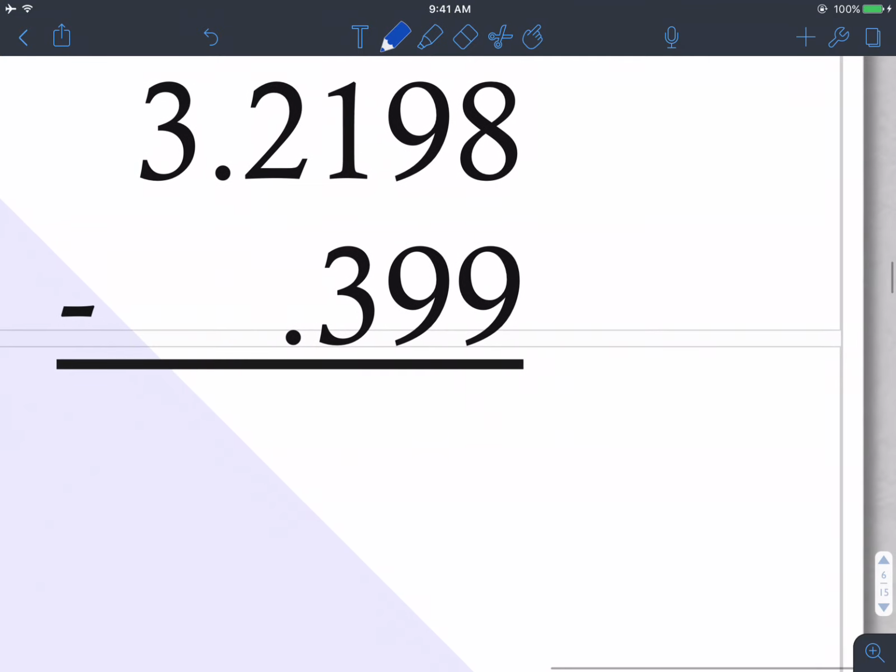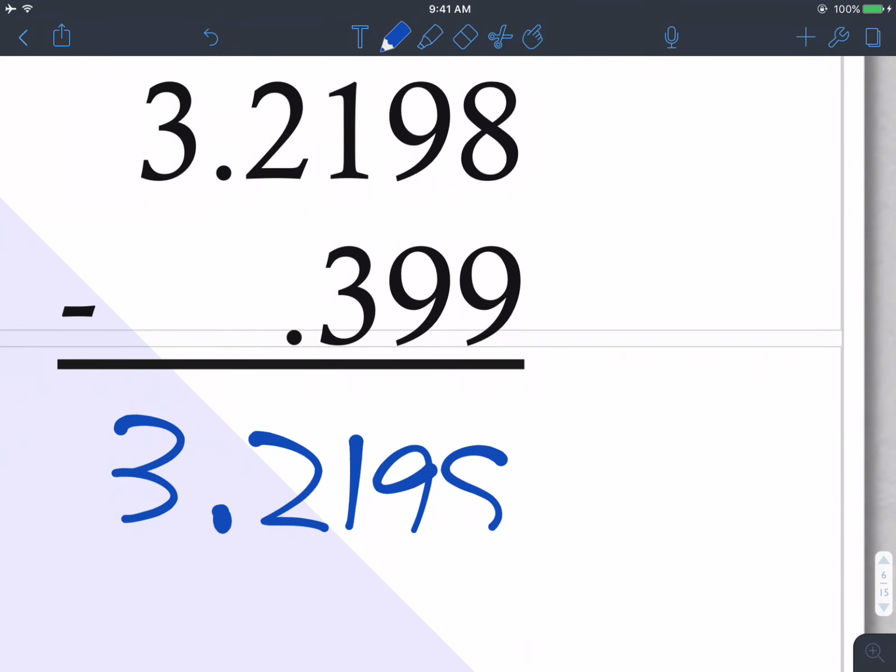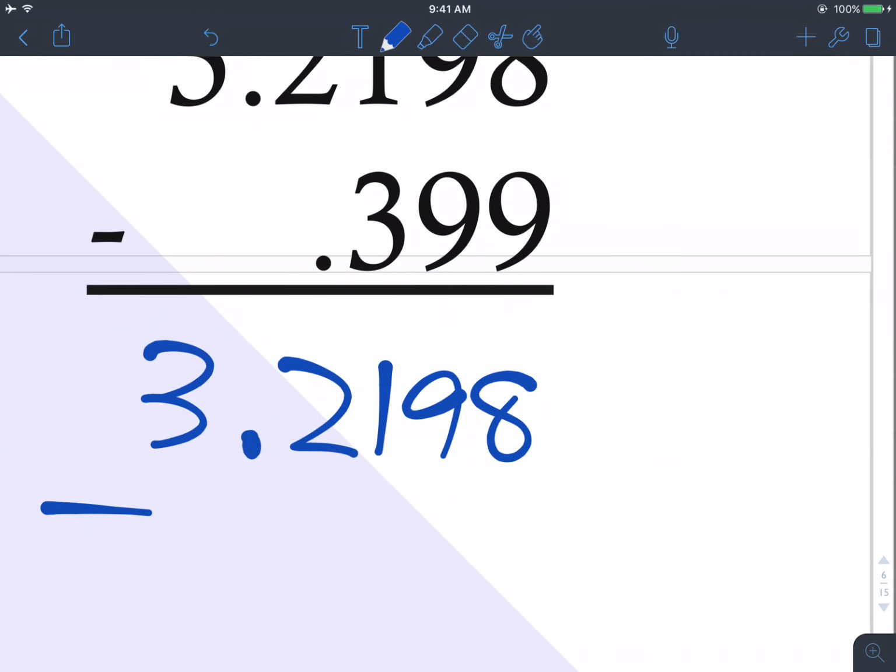It's almost like I want to rewrite this. 3.2198 minus, now I'm going to put it here, 0.399. What will I write? What do you think I should write here? Sure, add a 0. You can add a 0, as many zeros as you want.